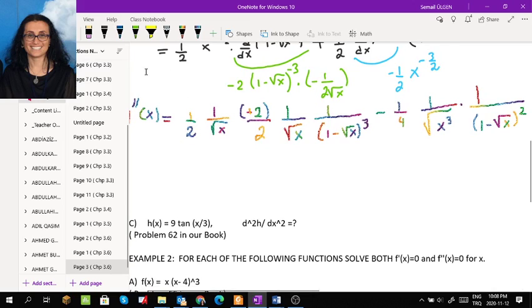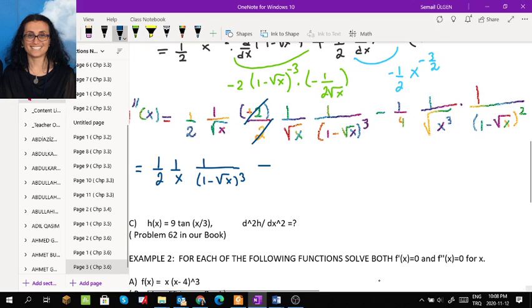Here we are going to cancel the terms. I have lots of 2's here, so this cancels with this, and this combines with this. So what I have here is 1 over 2, 1 over x, and this term 1 over square root of 1 minus square root of x cubed. And then minus, and I want to simplify this part.